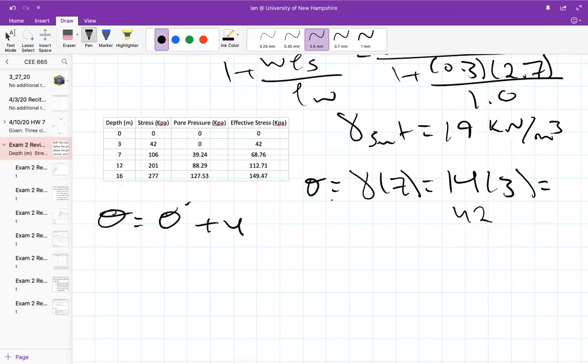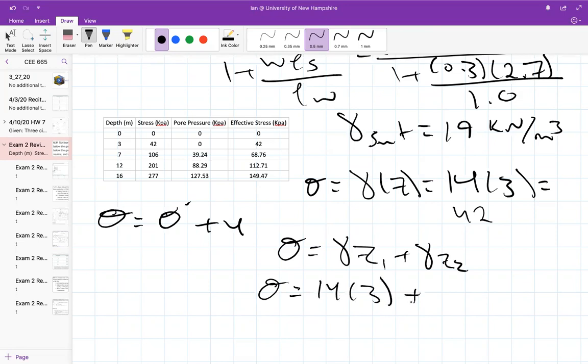So let's do 7, right? We know we've got the unit weight at Z1 plus the unit weight at Z2. So 14 times 3 plus the unit weight, which I believe at this point we are now in that clay layer.